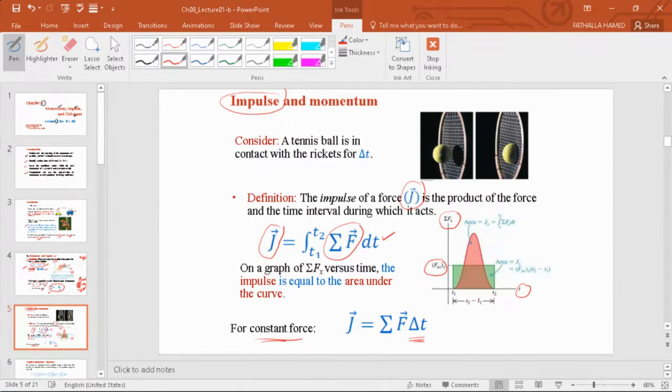And if you just take an average force and multiply that by the time, it will also give you the impulse. So the definition of impulse here is the force exerted on the particle during the time that this force is affecting the particle. So we look at the product of this. And that's another definition that we use for impulse. Is this clear?